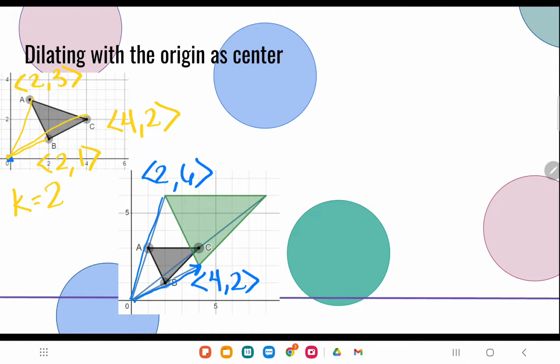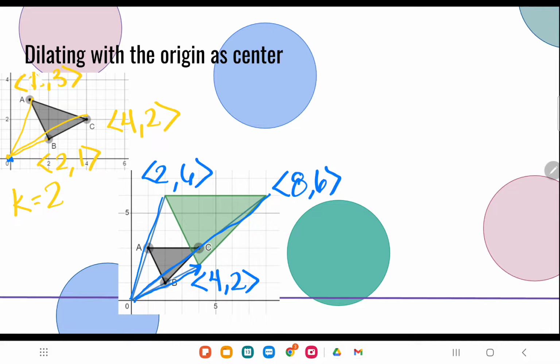I'm sorry, I mislabeled A previously. That was at 1, 3, not 2, 3, as I had stated. And my vector for C is going to go over here to 8, 6.